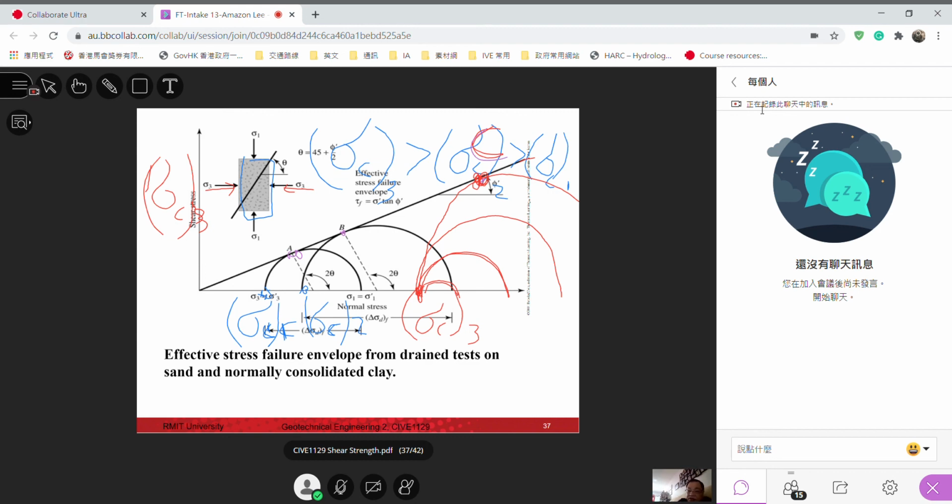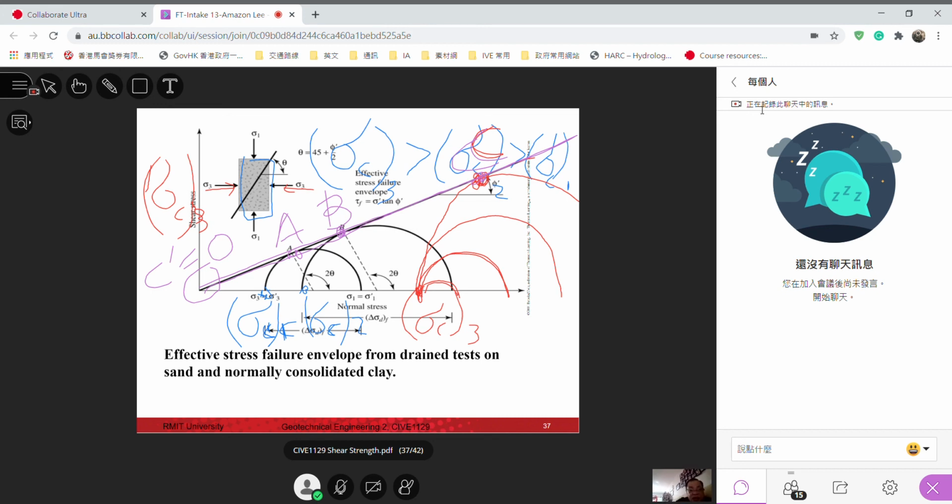So we plot a straight line tangential to point A, point B, and point C. Then from the y-intercept here, we measure the cohesion intercept. But in this example, the intercept is 0. This is a granular soil, so the cohesion intercept is equal to 0.